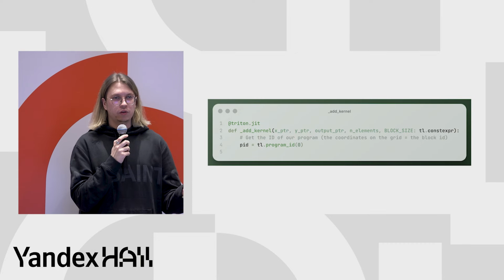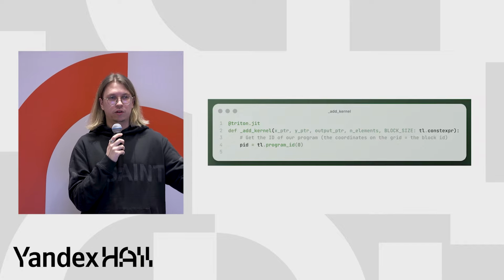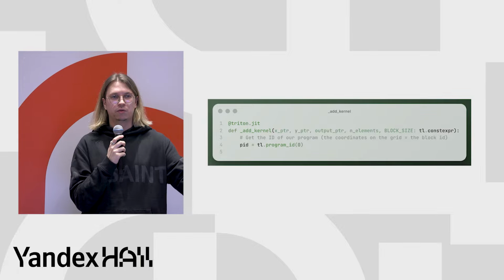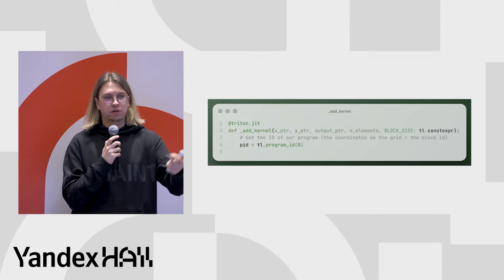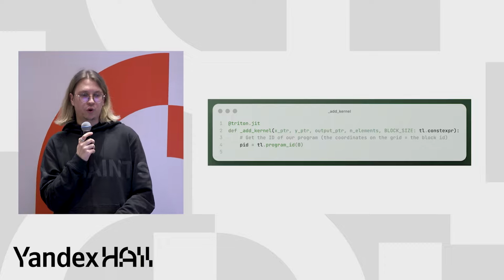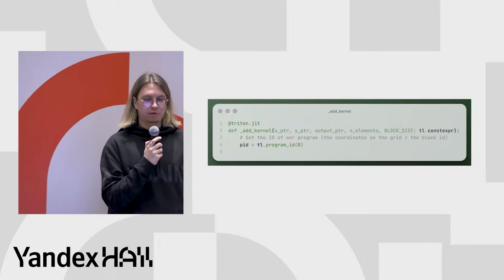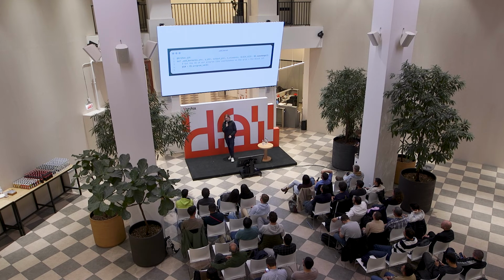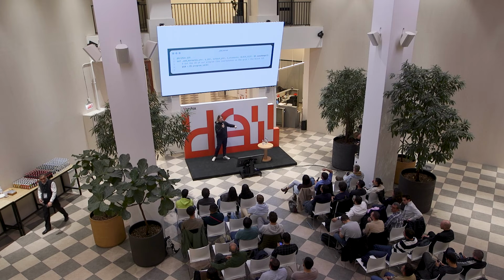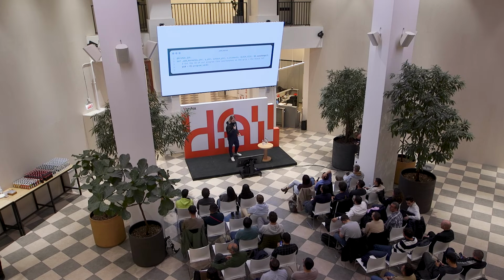And you have pointers, so you pass tensors as pointers in memory, because tensors in the end are stored in this high bandwidth memory, just a collection of elements, and you can navigate and address these elements by having a pointer. And you also have a block size, and the block size is a const expression, which shows that it should be known before the compile time. So this is basically a constant.